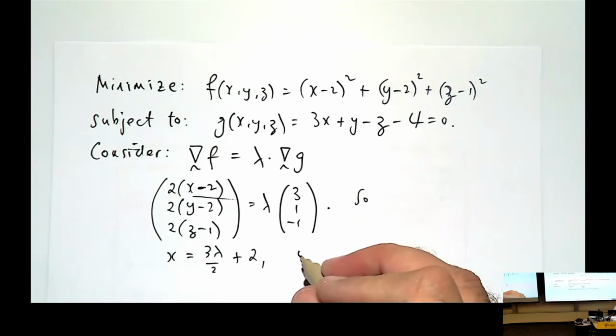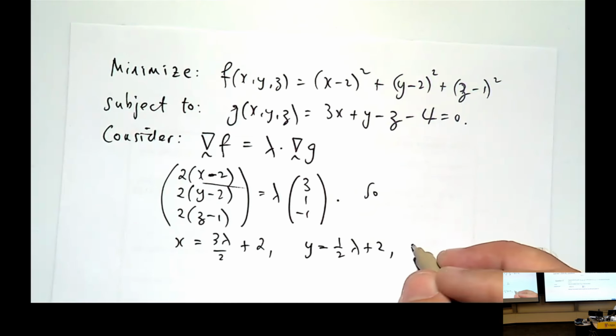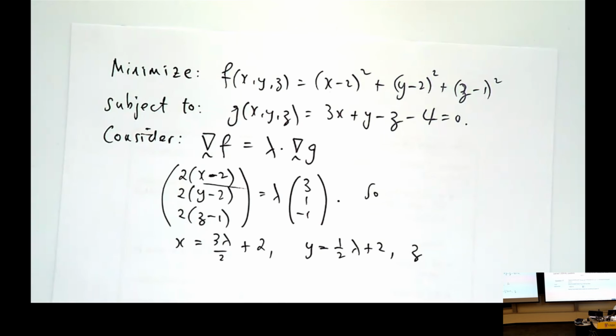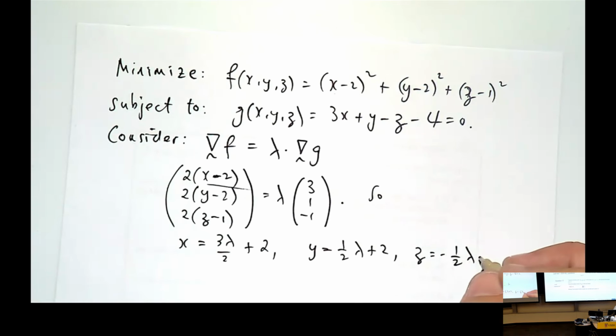Second line I can rearrange for y. Same with the third line. Now, I could go through and eliminate lambda, no worries, but I haven't used my constraint function yet with this problem, right?